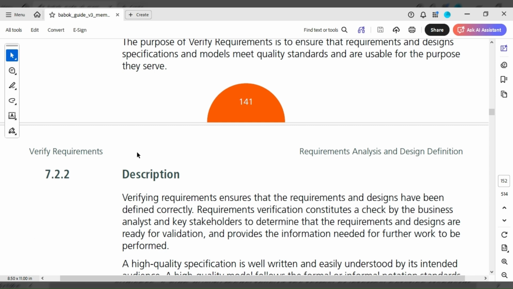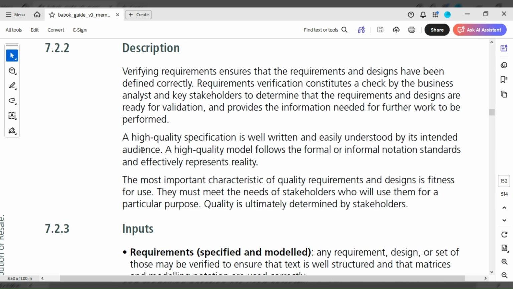Verifying requirements ensures that the requirements and design have been defined correctly, or accurately. Requirements verification constitutes a check by the business analysts and key stakeholders to determine the requirements and design are ready for validation. So that means you are ready to take it into validation, and it also provides the information needed for further work to be performed.